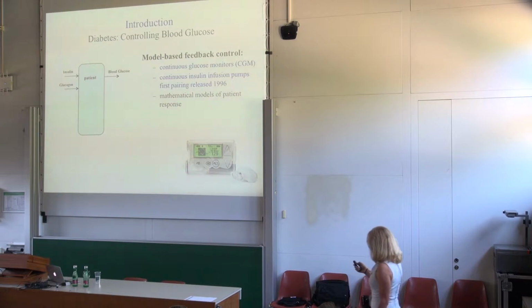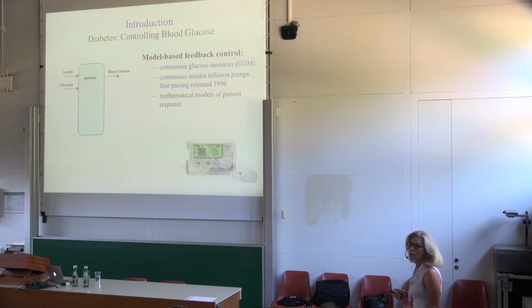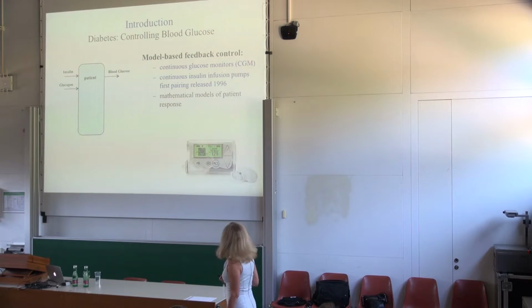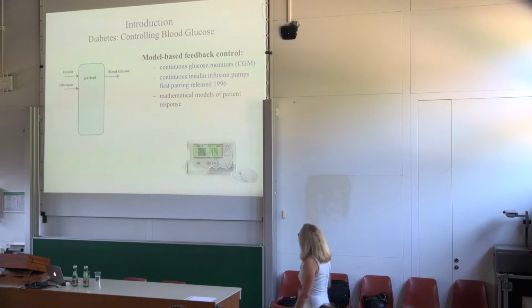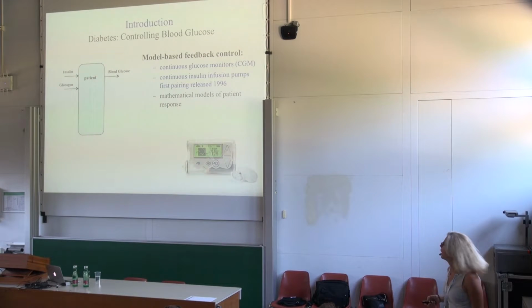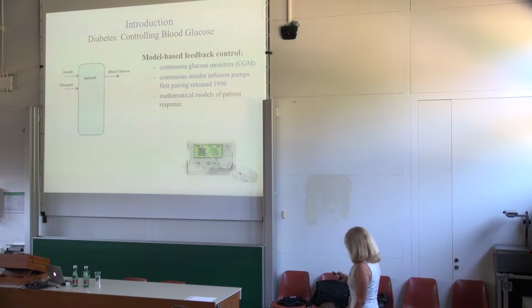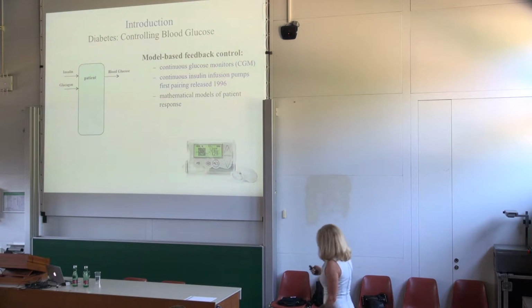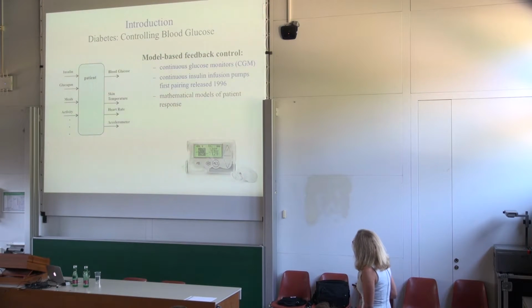So some people have considered including glucagon as an additional input to capture the effect of low blood sugar. Currently, when your blood sugar is low, as a patient, you eat something to try to get your blood sugar back up. And what people have looked at so far is including this as one of the inputs in these continuous infusion pumps.